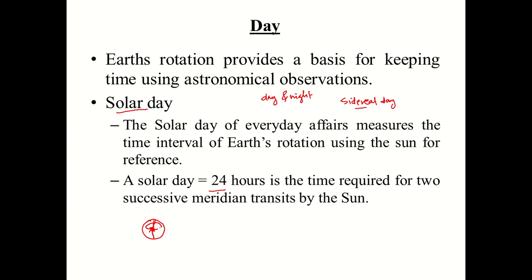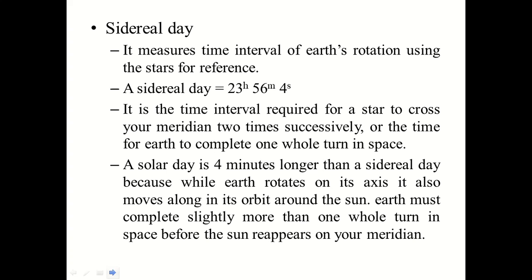In order to understand it, let's define the sidereal day. Then I will show you how we can define this difference. The sidereal day measures the time interval of Earth's rotation using the fixed stars as the reference point.